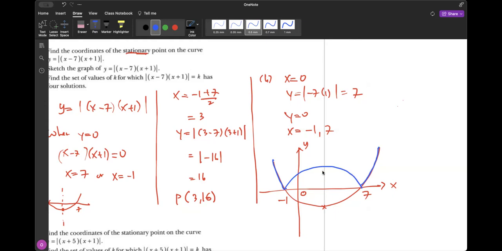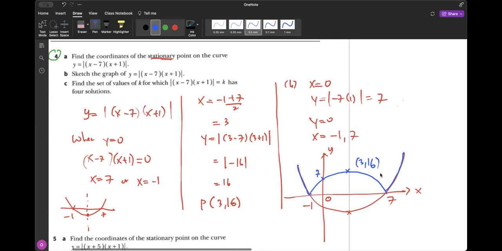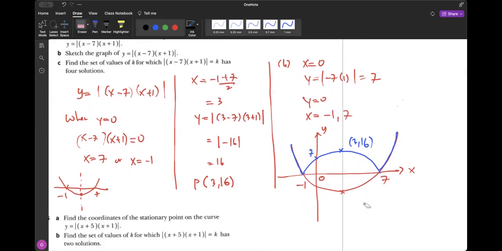This point is (3, 16), which has been flipped up by the modulus. This point is 7, is it correct? Then you can erase the irrelevant part. Any problem?